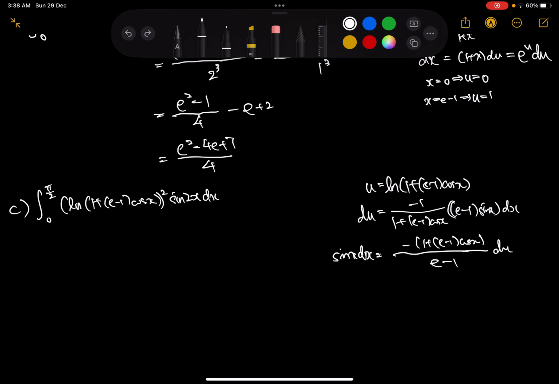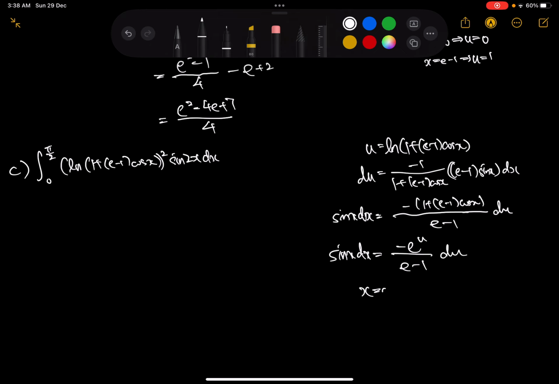Is that correct? Yeah, I think so. And then we have a 2 here. Okay, we could just keep that there. So this one is negative e to the power of u over e minus 1 du.